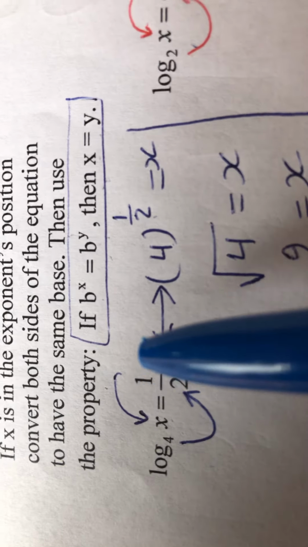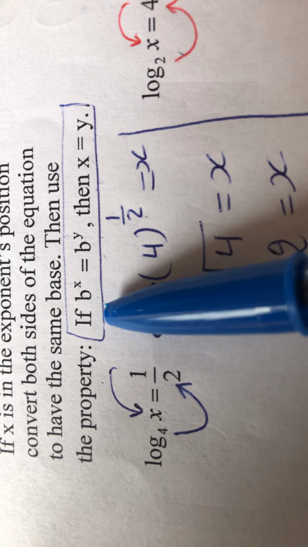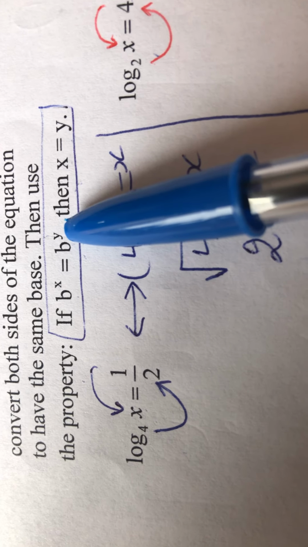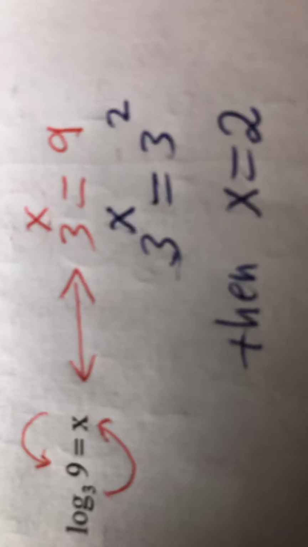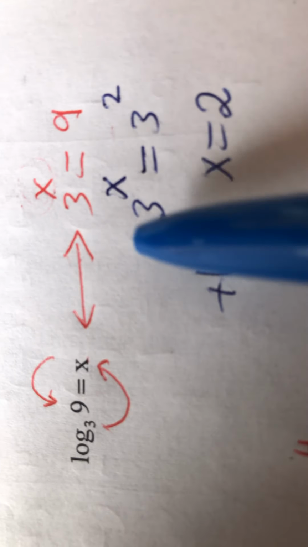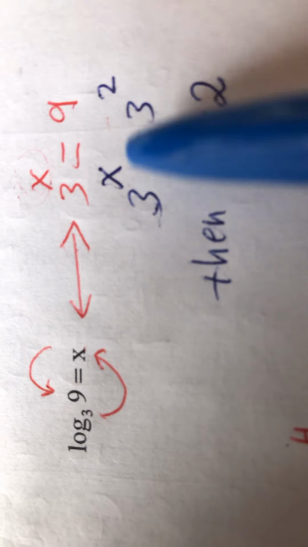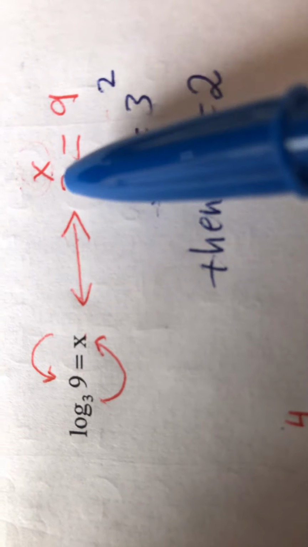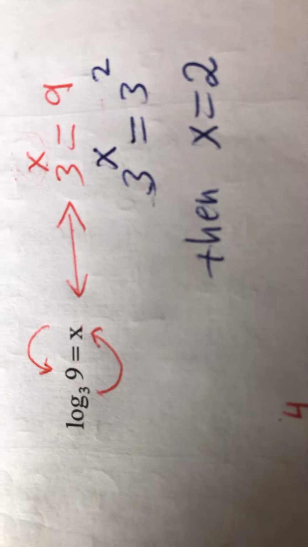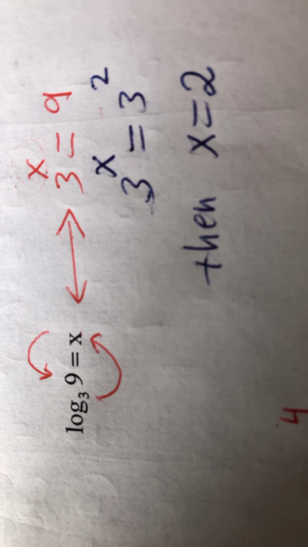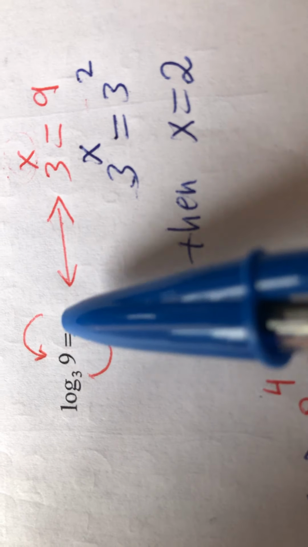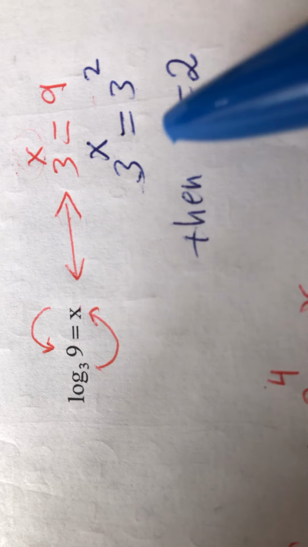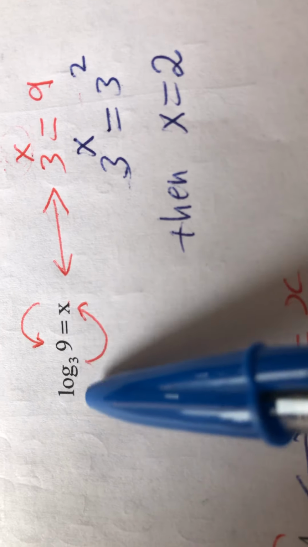Then use the property: if b to the power x equals b to the power y, then x equals y. Since 3 is the same base, the exponents should be equal. So therefore, x equals 2. So this means log with base 3 of 9 equals 2.